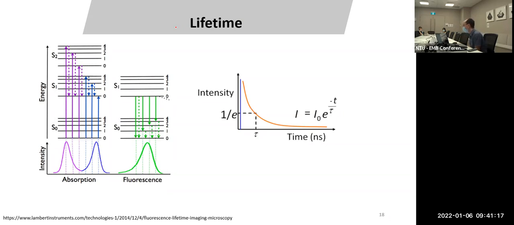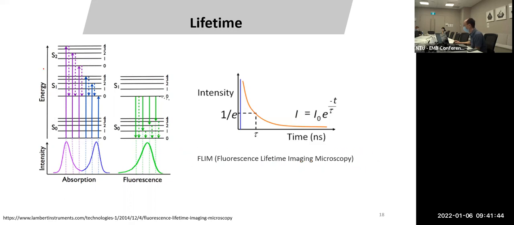But I would like to just cover this property because there are special techniques that allow you to measure the lifetime of the fluorophore, and that's based on a microscope called fluorescent lifetime imaging microscopy. Of course, you need specialized equipment for this.